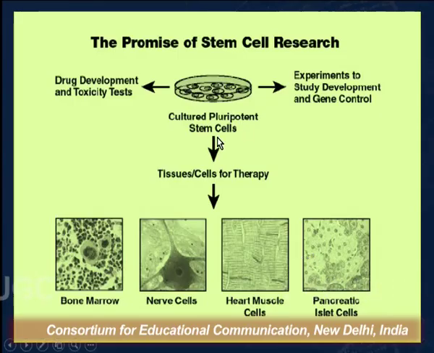They can also be used for developmental research: how development occurs, what the key transcription factors or growth factors are that are stimulated, or how different types of growth can occur.